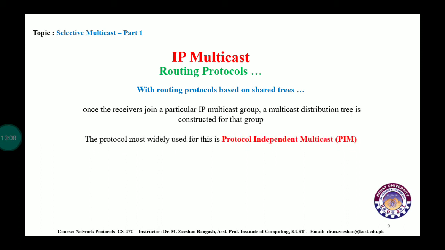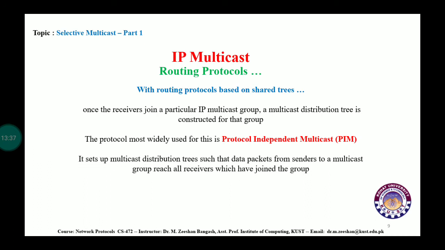The protocol more widely used for multicast distribution tree creation is PIM, Protocol Independent Multicast. This is an interesting mechanism: the PIM protocol constructs a multicast distribution tree.